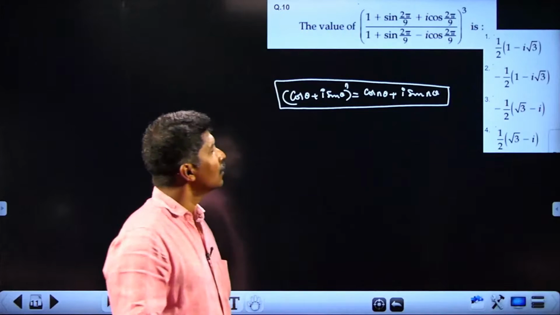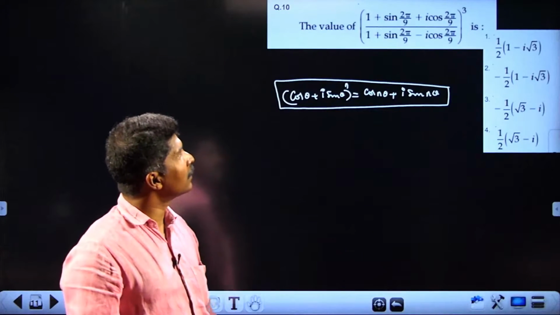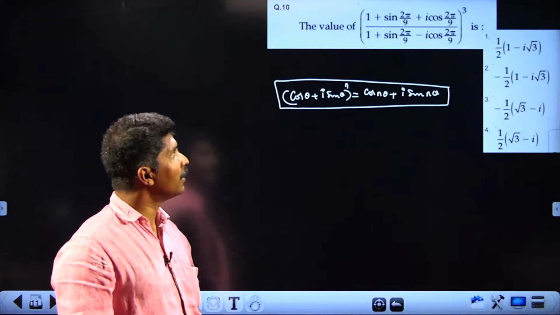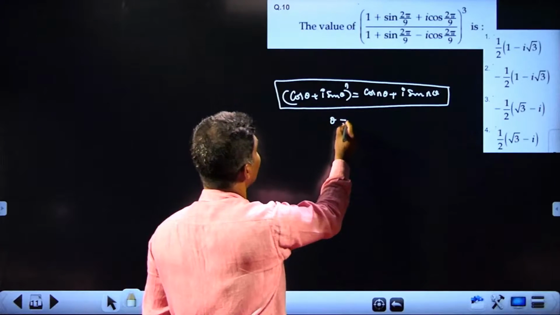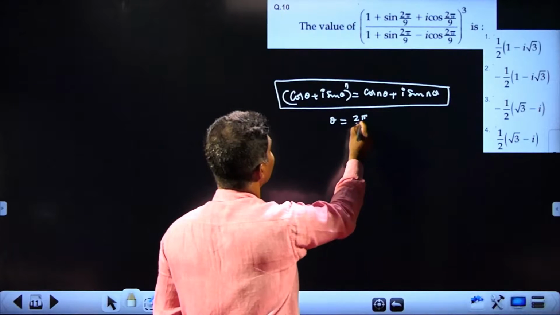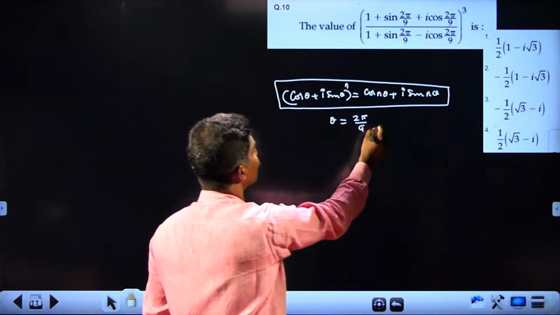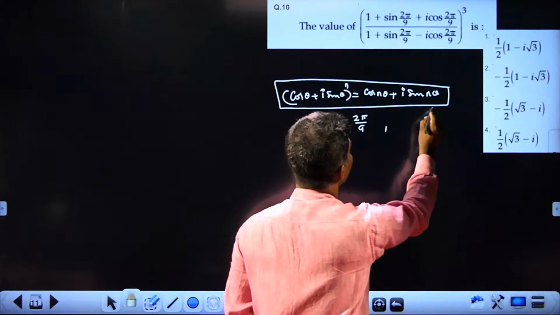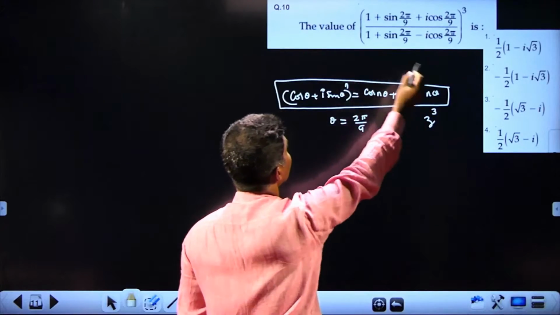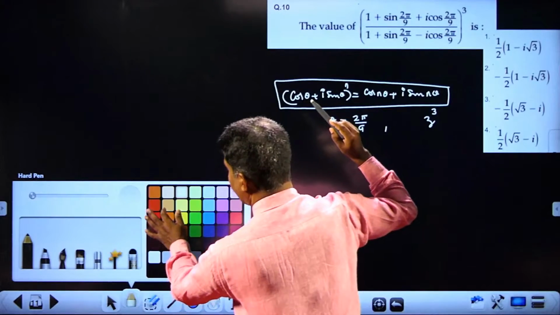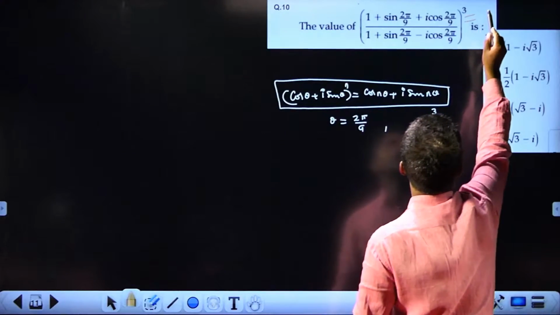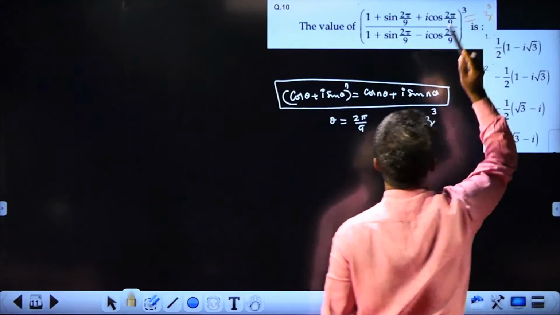Okay. So, for the calculation purpose and to save the writing time, we substitute theta is equal to 2 pi by 9. Then, we will write it as z cube. So, we will substitute it as z cube, so that we can save the writing time. So, let it be z cube.